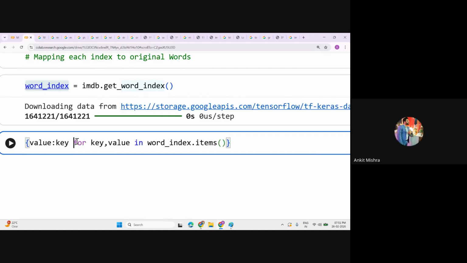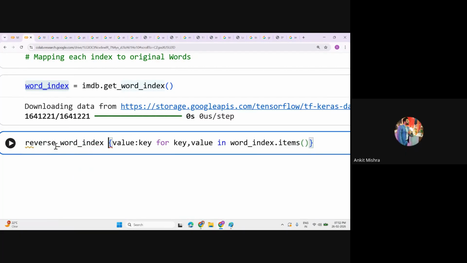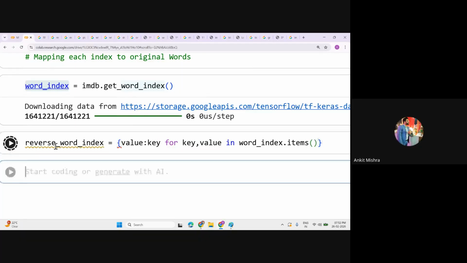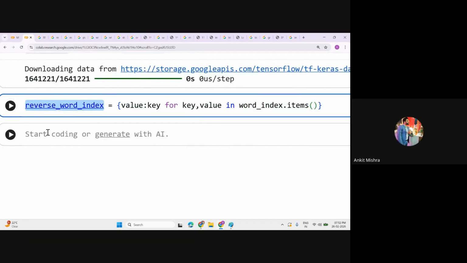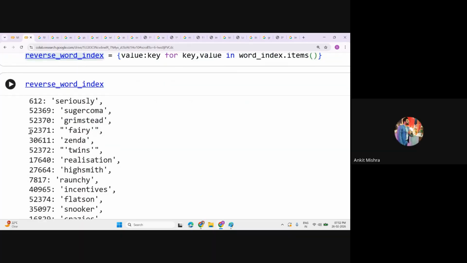So that if we just pass a value, it should return me the key instead of the value itself, right? And let's just say this is the reverse word index. Okay, this is my reverse word index. This is the use of a comprehension, and you can just check at this index we have this one, which is the fairy word, right? Now I want to call my word, right?